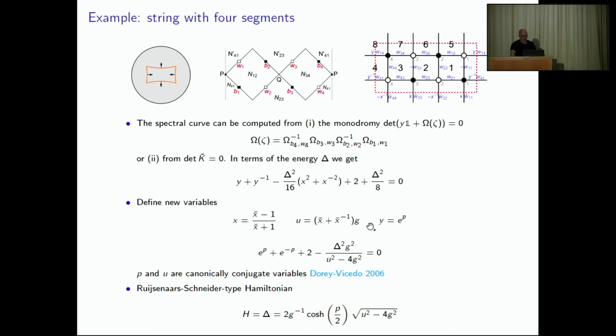And finally, I rewrite y as e to the p. And then you go to the thesis of the previous speaker, and you learn that p and u are canonically conjugate variables. So in terms of p and u, this is your spectral curve. It's very simple. And I defined here this g, some coupling constant.